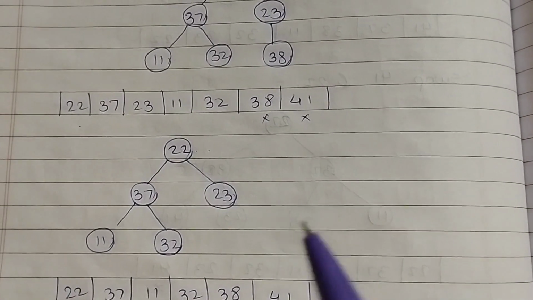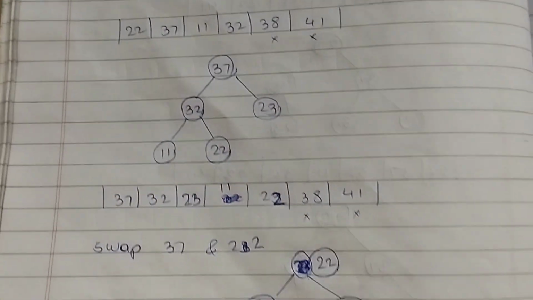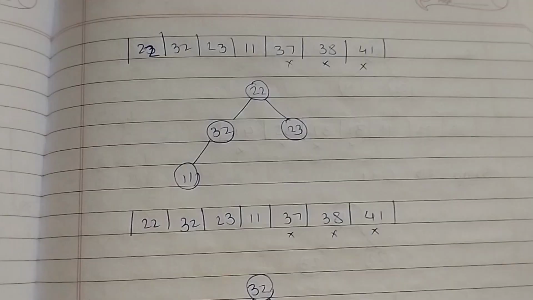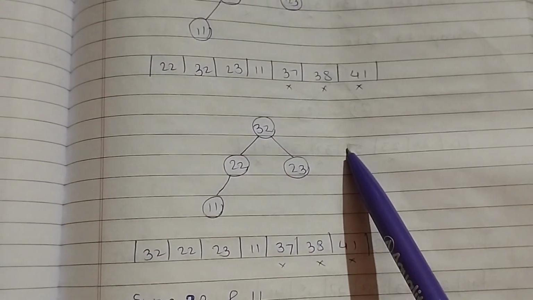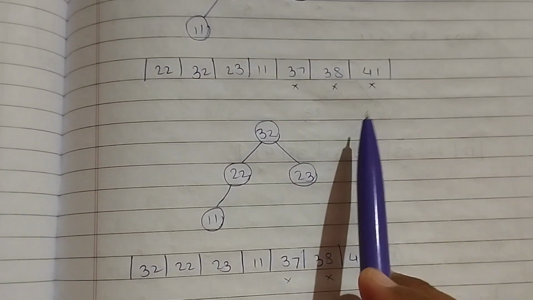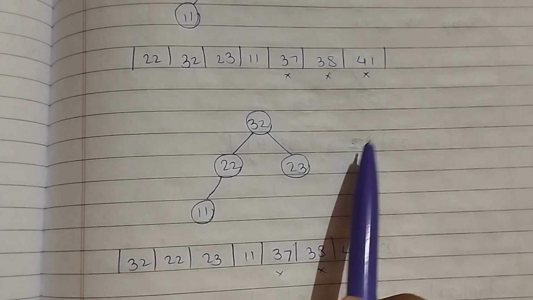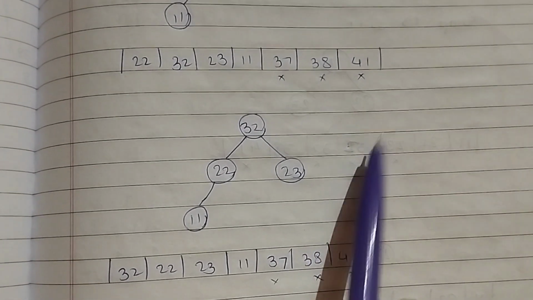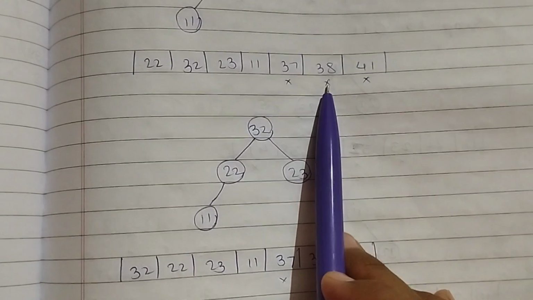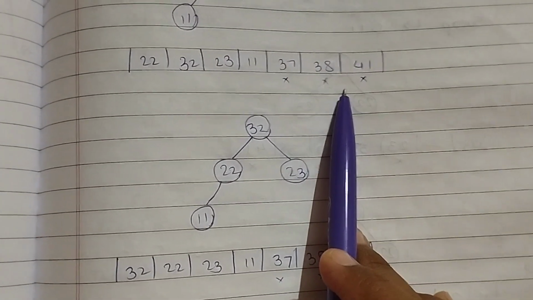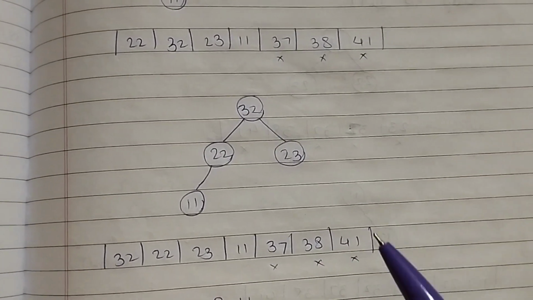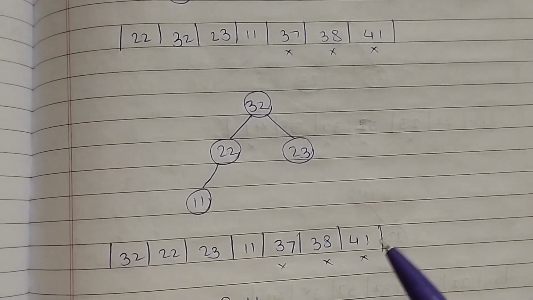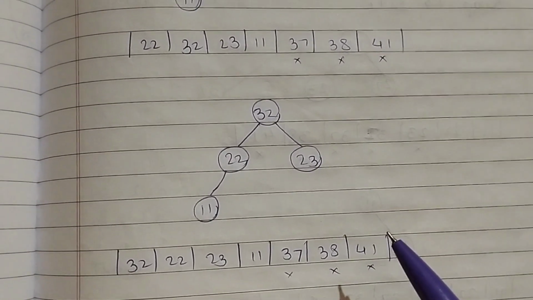So in this way all the steps are covered here. These are all the same procedure we follow. First we create a heap, then we swap from the right side of the elements, and all the procedure we repeat again and again.